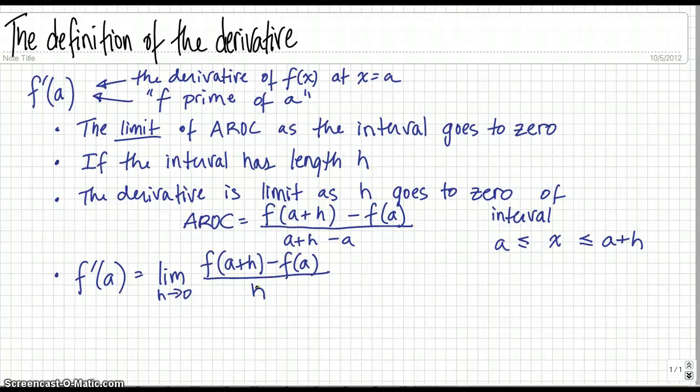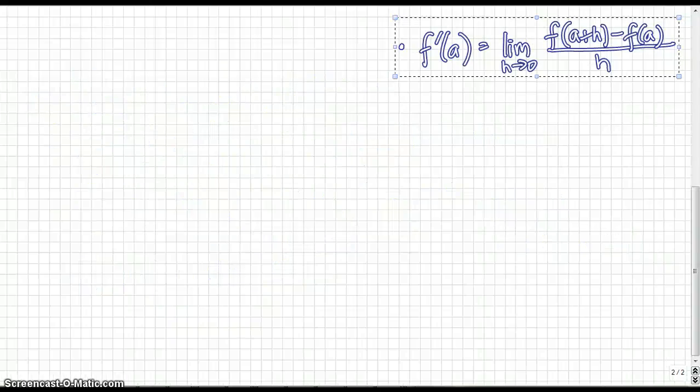So we would read this: the derivative of f at a is equal to the limit as h goes to 0 of the difference quotient, that is of f of a plus h minus f of a, all over h.